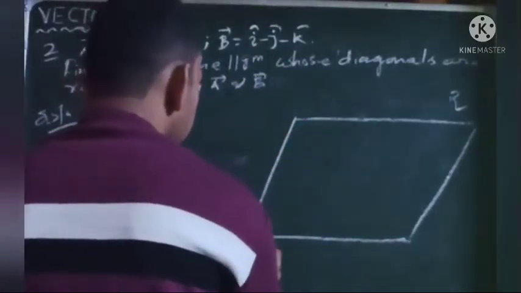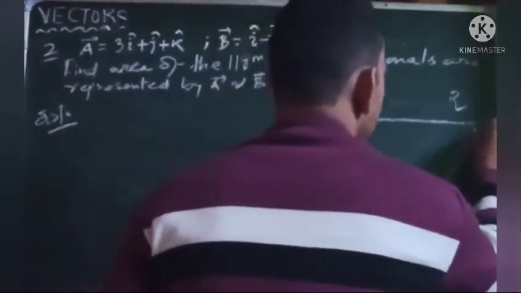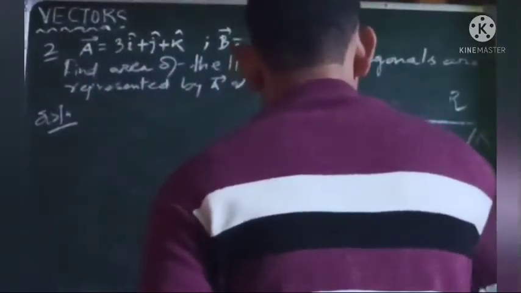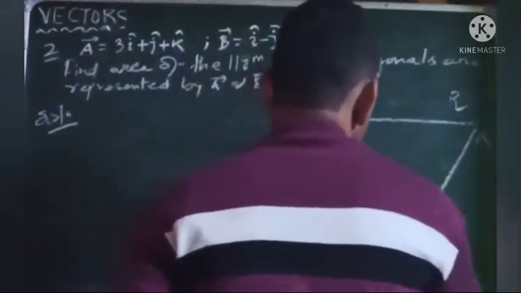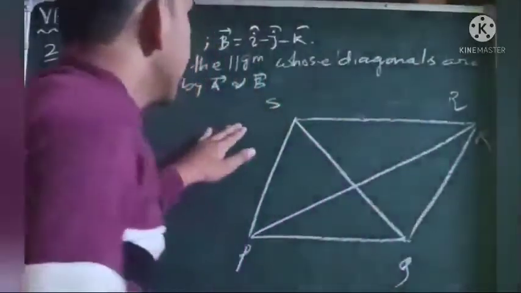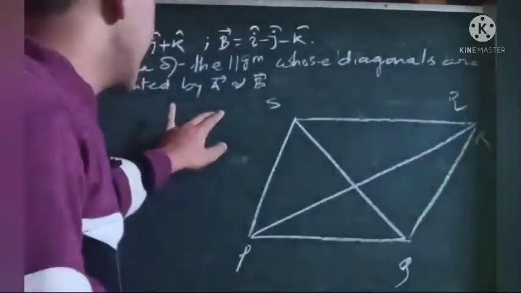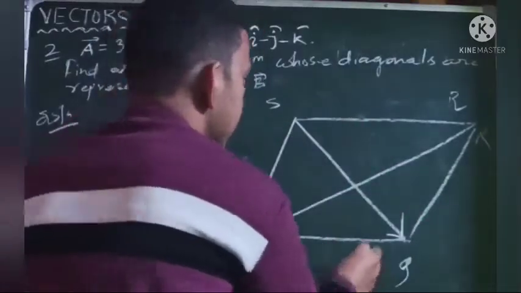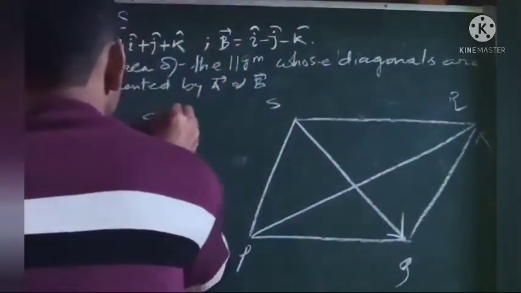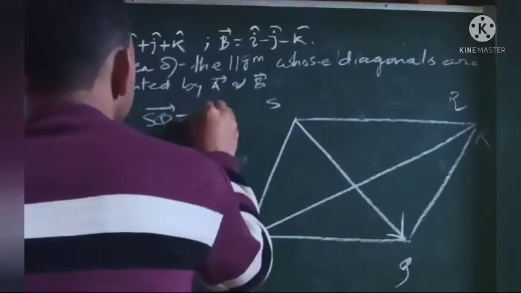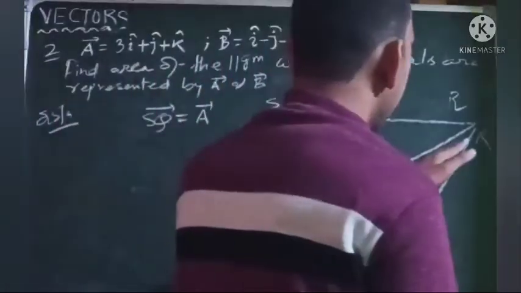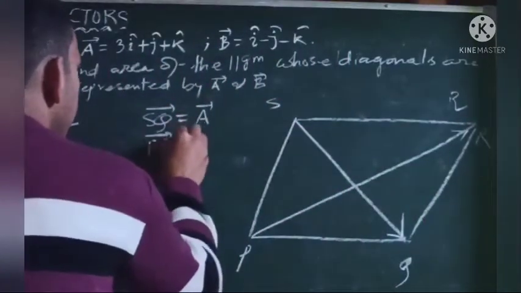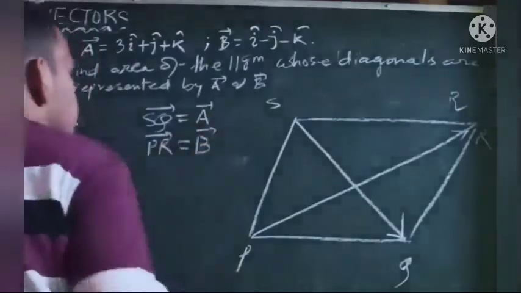Suppose this is a parallelogram P, Q, R, S. Let's draw the diagonals. We are given that the diagonals are represented by a vector and b vector. Suppose this SQ vector is a vector and PR vector is b vector.